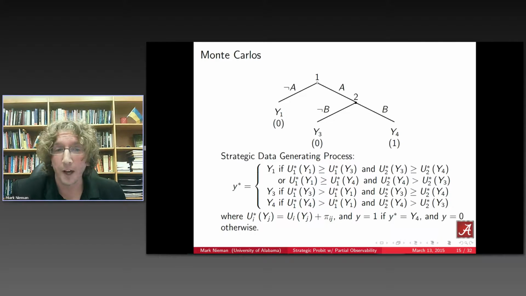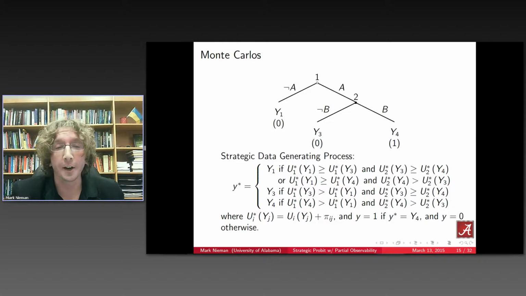We would observe y3 if we had the full data generating process in the cases where player 1 prefers y3 to y1 and player 2 prefers y3 to y4, and we do observe y4 as the only observed outcome when player 1 prefers y4 to y1 and player 2 prefers y4 to y3.